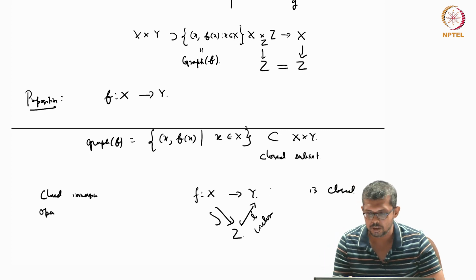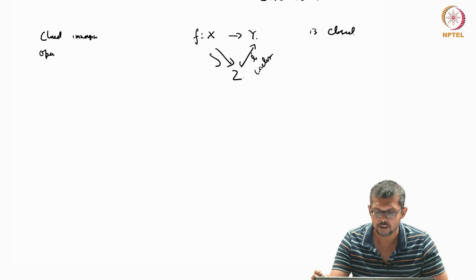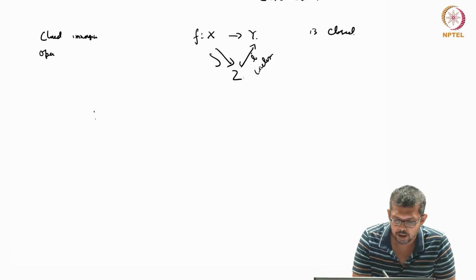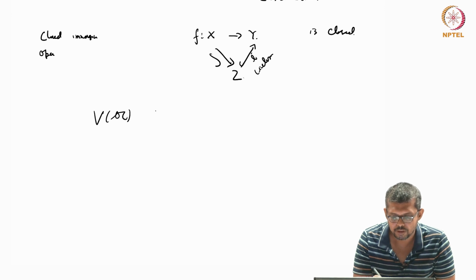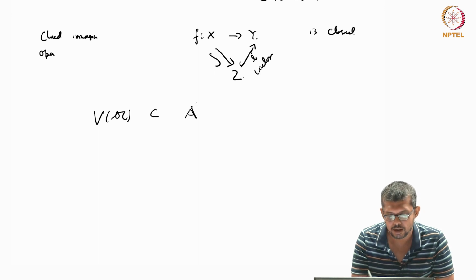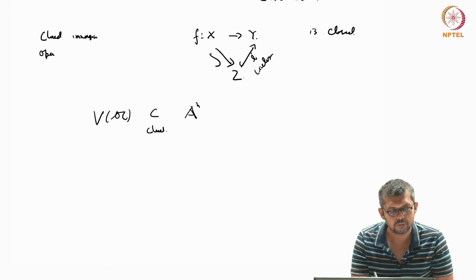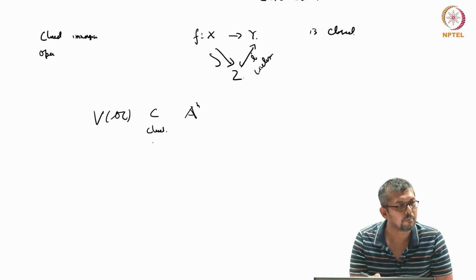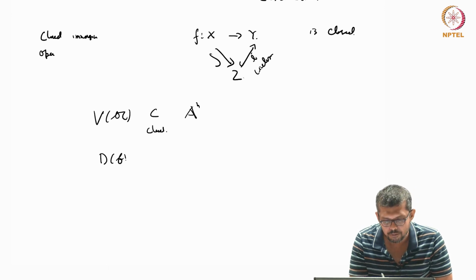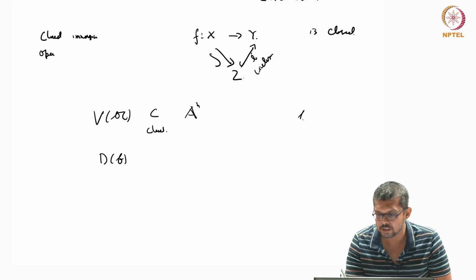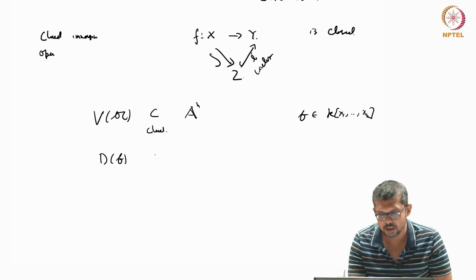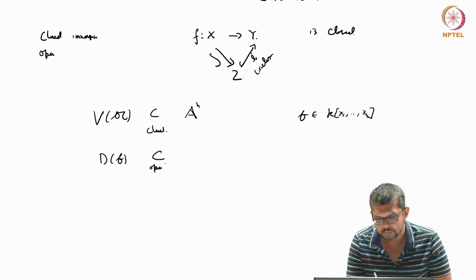So examples: if you just work with affine, for example you take V of f or V of some ideal in some A^n, this is a closed immersion. But if you take D of f, where f is some regular function over k[x1, x2, ..., xn], then this is an open immersion.